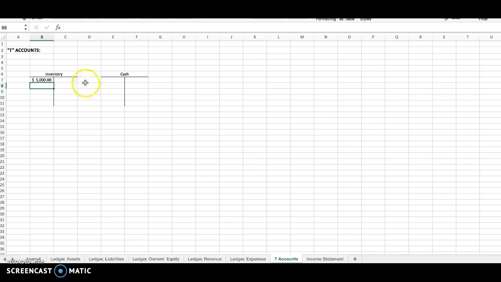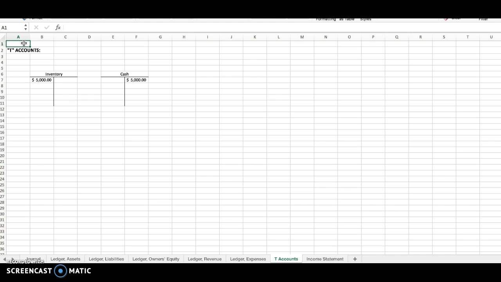And inventory, which is an asset, is debited. They have now more cell phones to sell. And cash is credited by the same amount. We spent 5,000, so cash, also an asset, is decreased by that amount of money. So that's the very simple way of demonstrating that transaction.